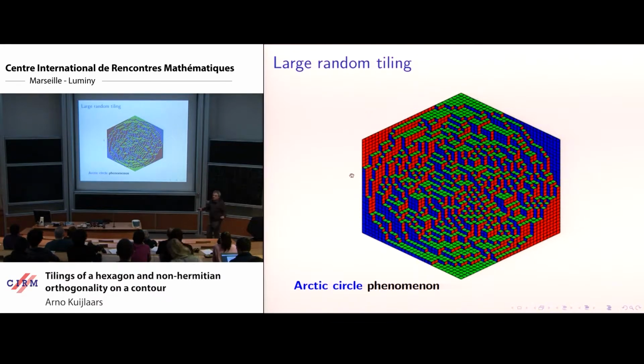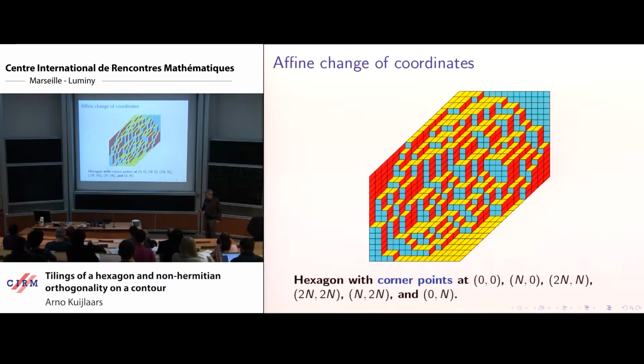In the large n limit, this will be a circle with probability 1. So that's a very curious thing. What's also known is that fluctuations around this Arctic circle are given by the Airy process, again in the large n limit. In particular, if you look at a vertical line here, you see the Tracy-Widom distribution.